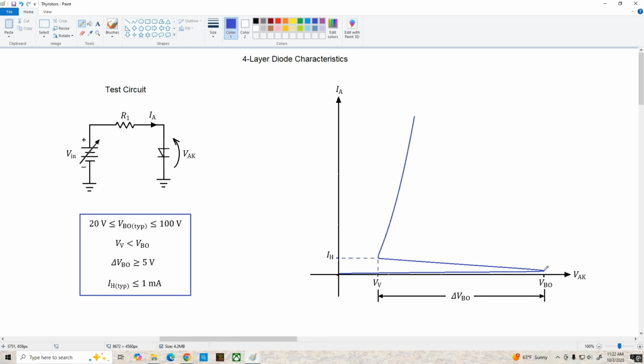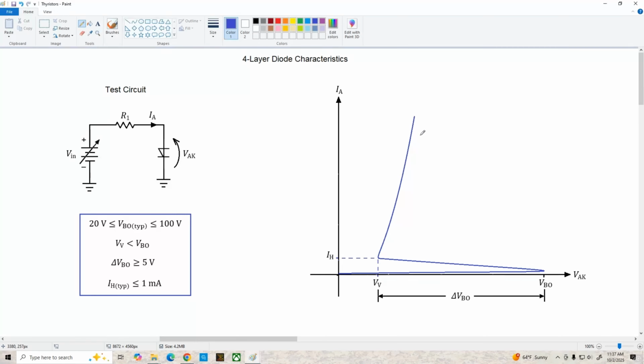Then the drop across the 4-layer diode decreases drastically and drops to what's called the valley voltage. From this point, if we keep increasing Vin, the current through the diode increases drastically. The slope of this curve is very steep here, so the internal dynamic resistance of the 4-layer diode is very low.